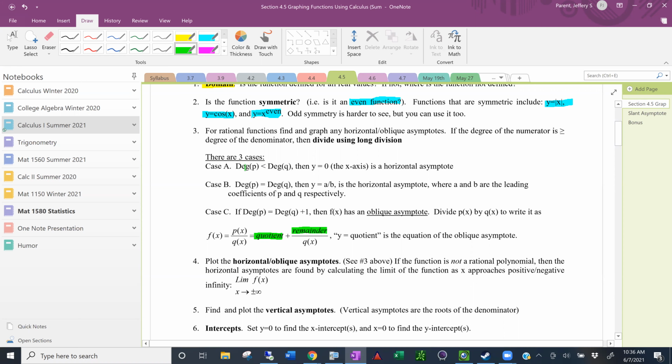But the long-term behavior of the function is going to be determined by this: if the degree of the numerator is less than the degree of the denominator, then y equals 0 is your horizontal asymptote. If the degrees are equal, then you get y equals this line, which is the ratio of the leading coefficients.